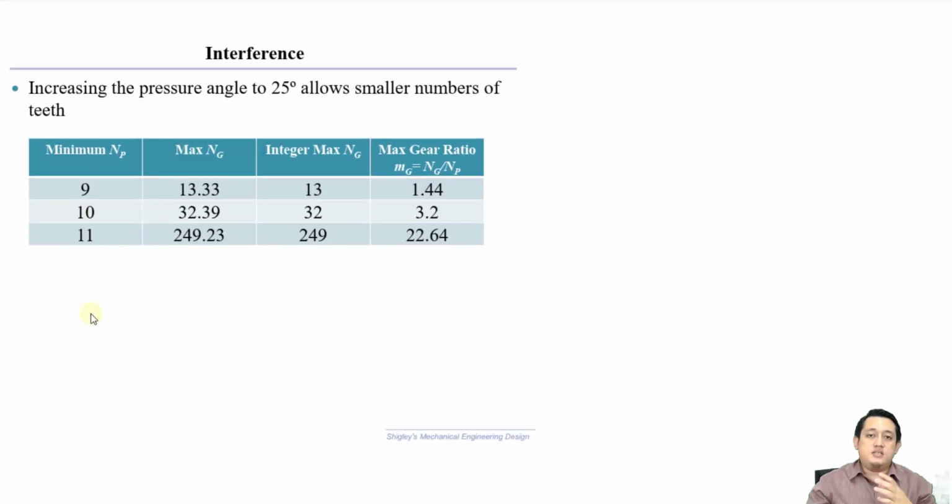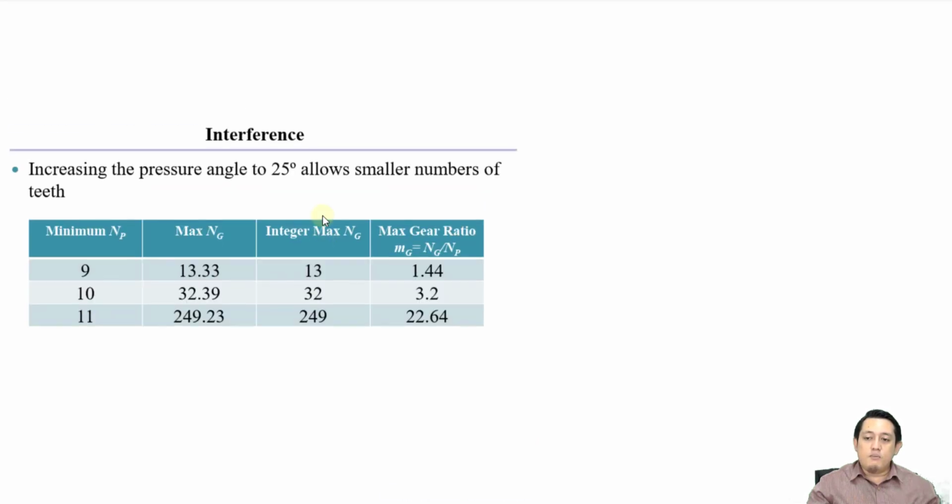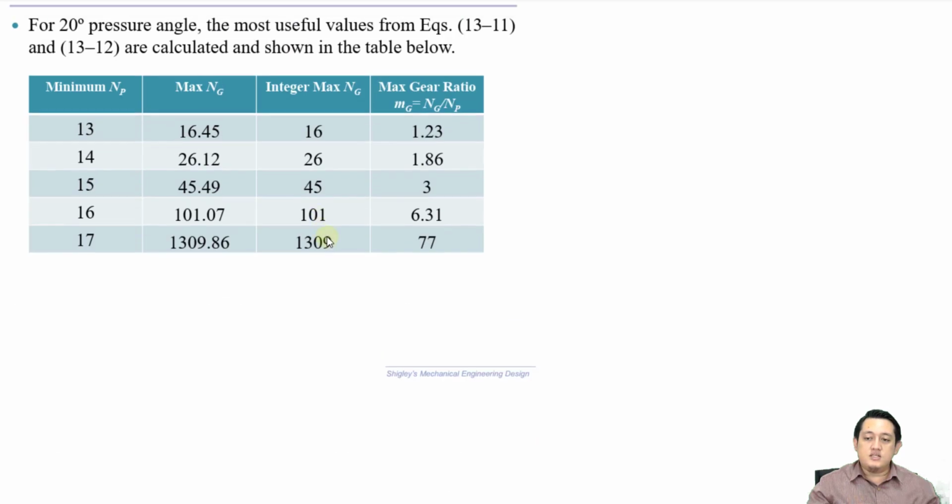So when we increase the pressure angle from 20 to 25, this allows a smaller number of teeth. As you can see here, we can have quite a large gear ratio, but the maximum number of teeth becomes smaller also.